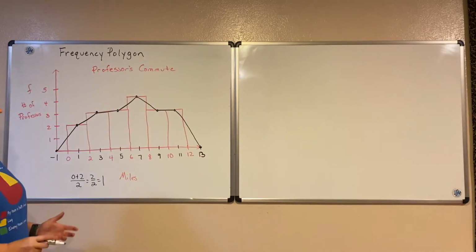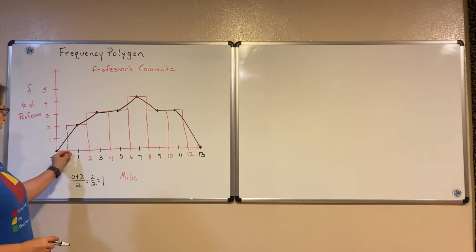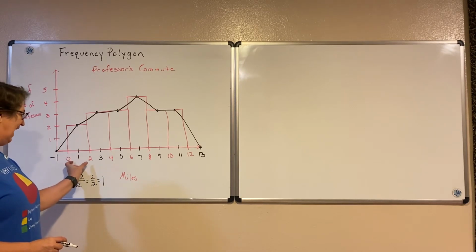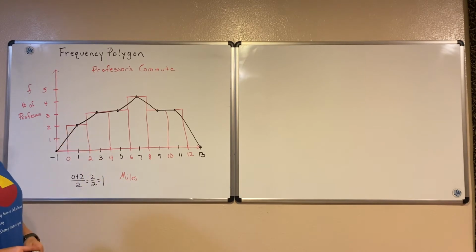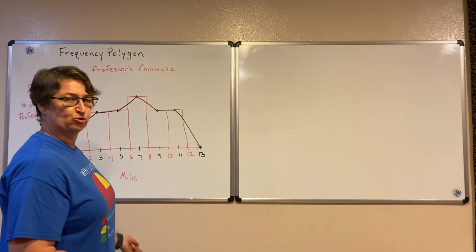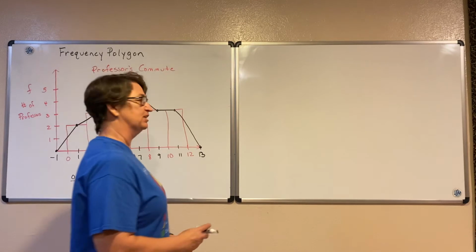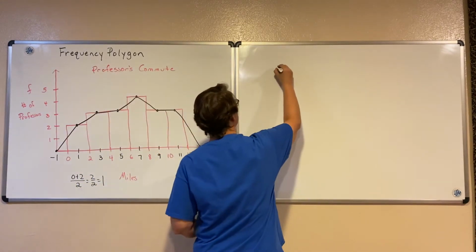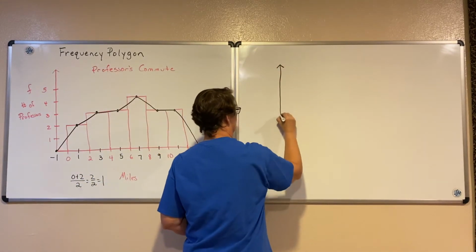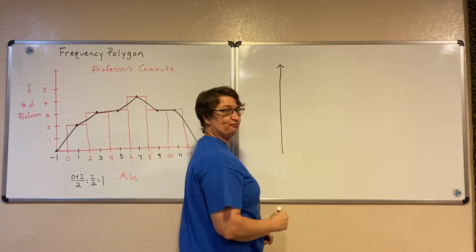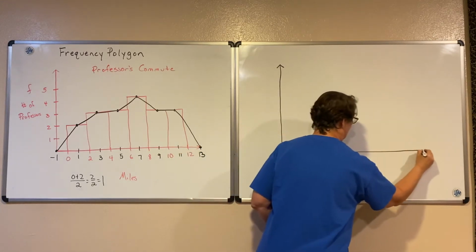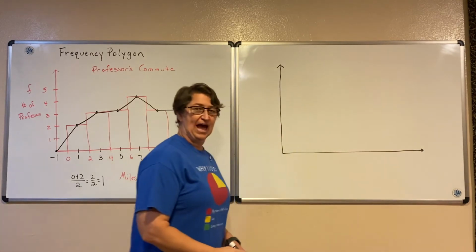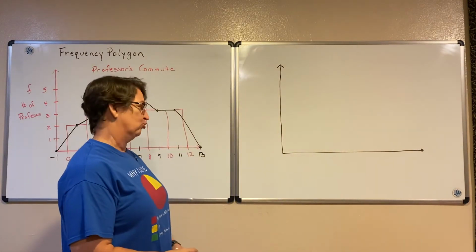So my frequency polygon just uses the midpoint of my class and then the frequency of the number in that class. If I were actually creating a frequency polygon using this data, I would first do a vertical axis that shows the frequencies. And then I would have a horizontal axis to show the classes or bins, my categories.